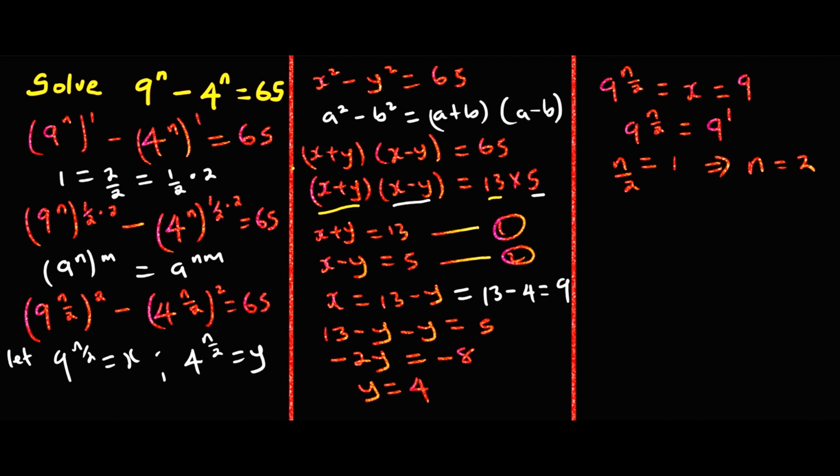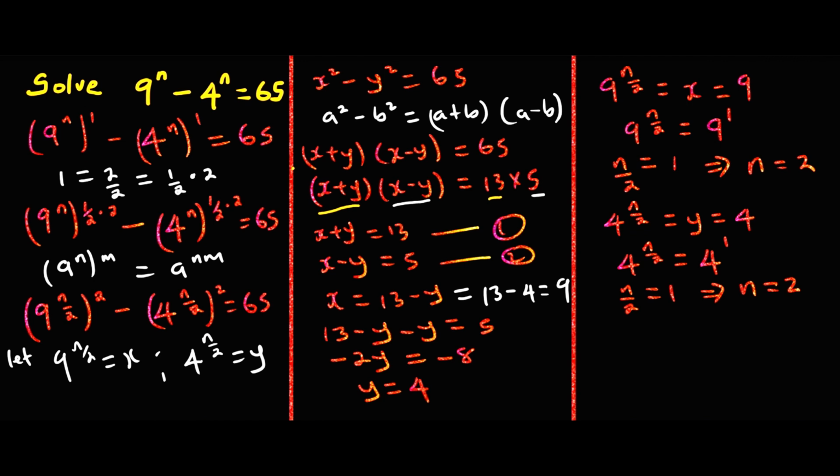Even if we did that with the value of y, remember we said 4 raised to power n over 2 is equal to y, and y according to our solution is 4. So it means we have 4 raised to power n over 2 being equal to 4. And we can write 4 to a power 1, meaning n over 2 is still 1. And if we cross multiply, you're going to find that n is equal to 2.